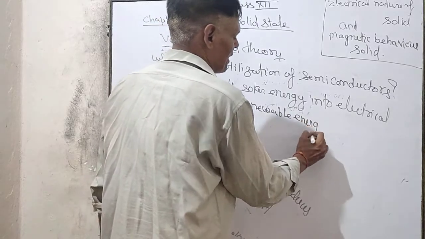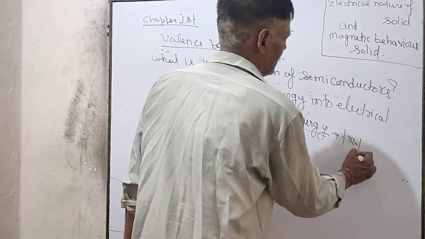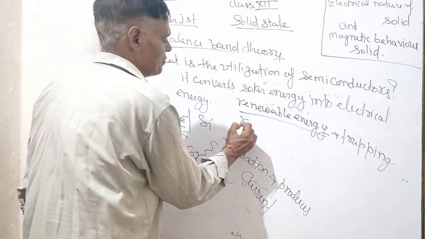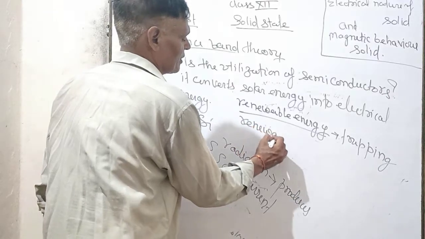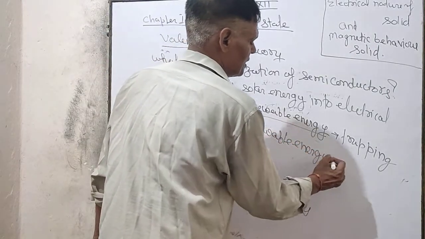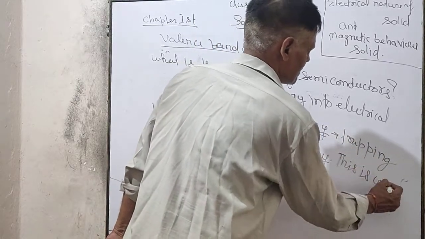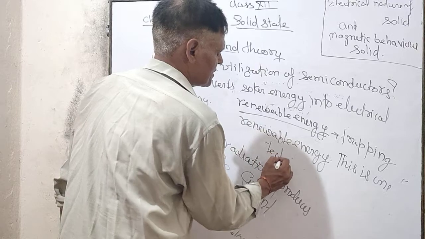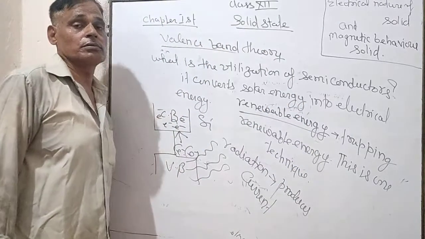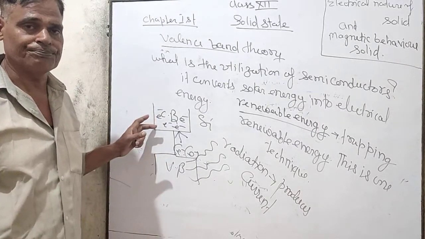So, if you want to trap renewable energy, this is one technique: converting solar energy into electrical energy.